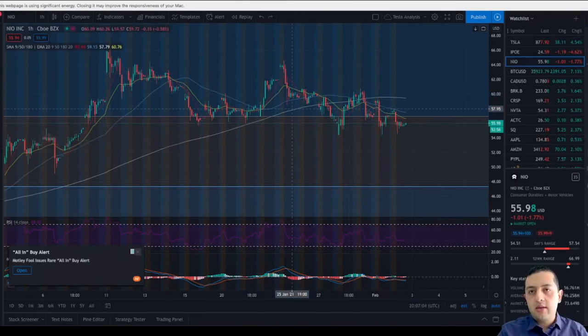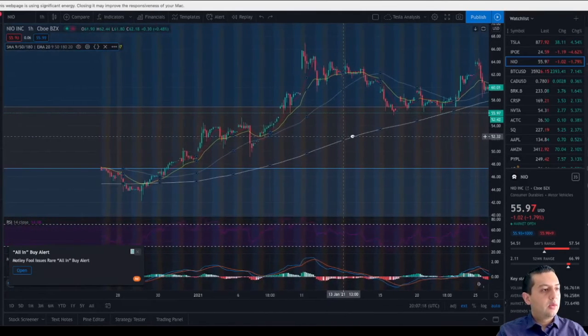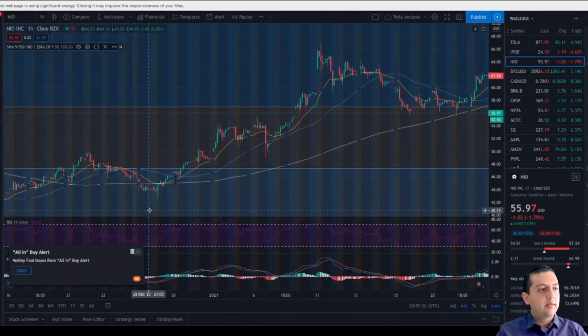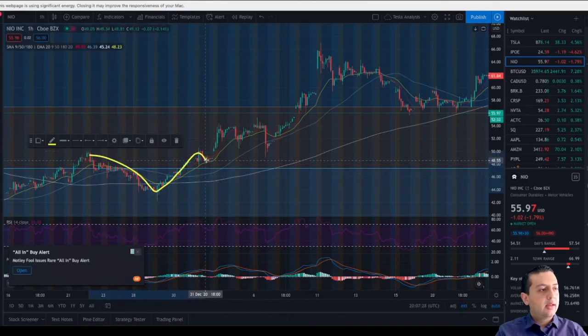So what we're expecting again is movements like, let's say, let's try to go in the past a little bit. Okay, so this is the kind of setup that we're expecting. Goes down below, goes up again, test it.